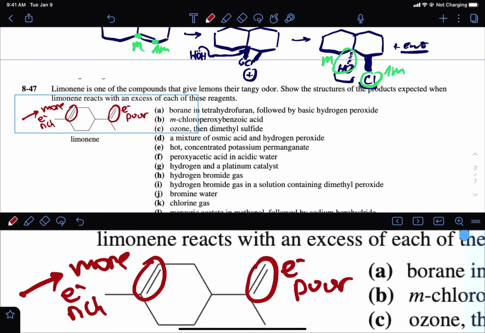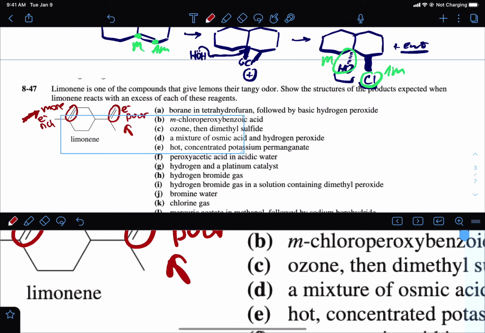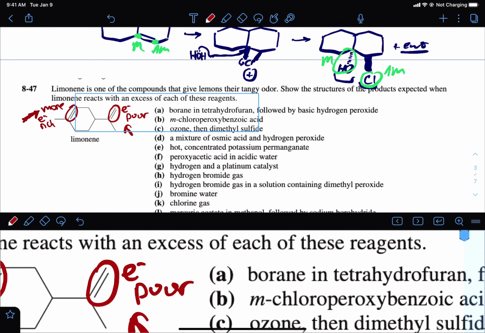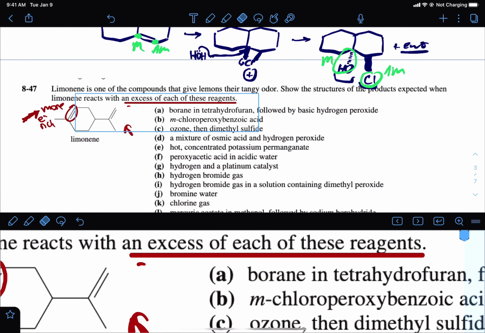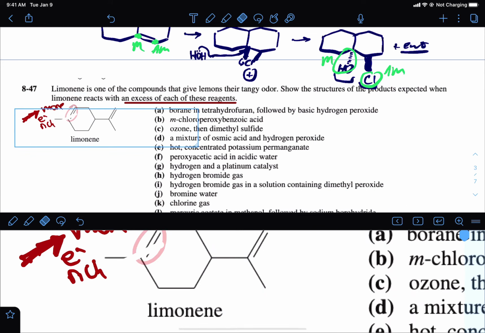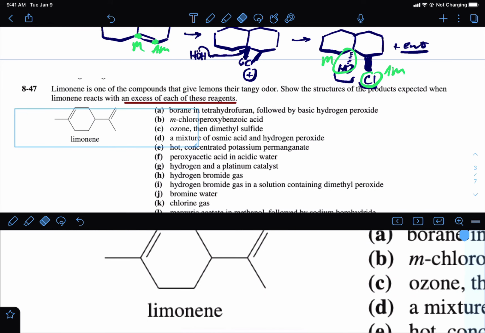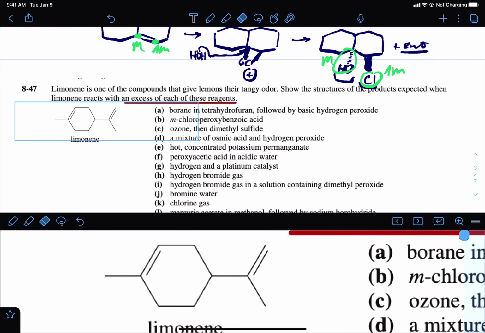So if the alkene is acting as a nucleophile, this is our side that reacts. If the reactant is acting as an electrophile, this is the side that reacts. But now that I read this, it says an excess of each reagent, which means I think they're asking for both of them to react. So I think you're gonna do whatever you do to both of them. Okay.